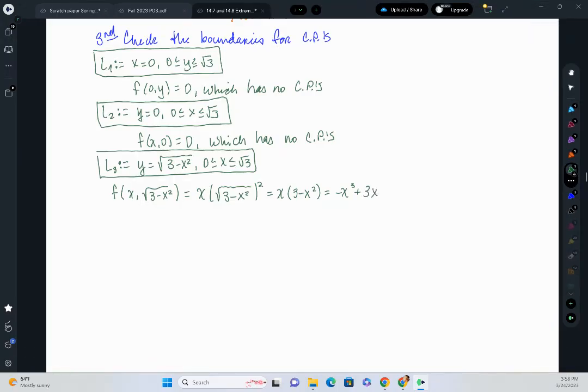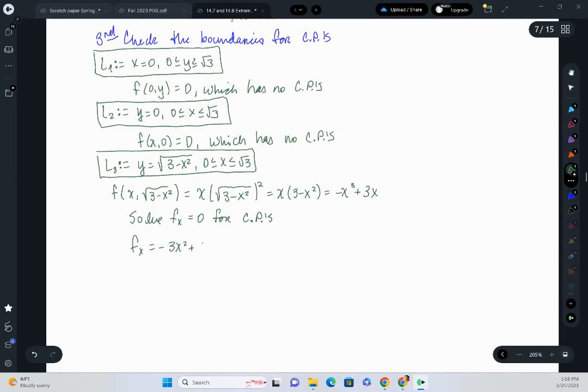Okay, so now we have a function. It is not 0, so that means we can now go ahead and take its derivative and set it equal to 0 and solve for critical points. So we're going to solve f sub x equals 0 for critical points. f sub x is equal to negative 3x squared plus 3. Set that equal to 0. We get x squared is 1, which means x is equal to plus or minus 1.